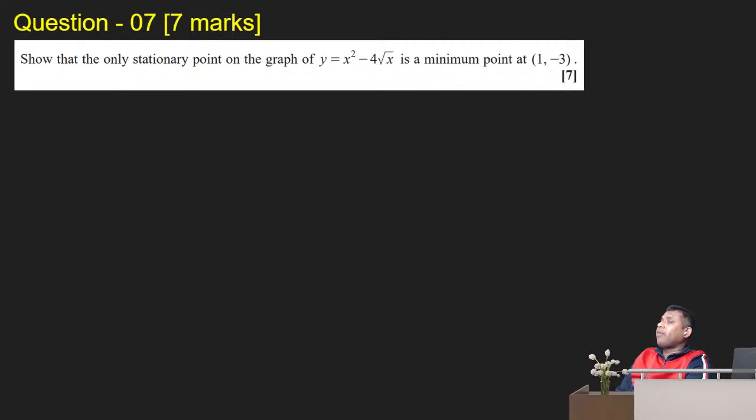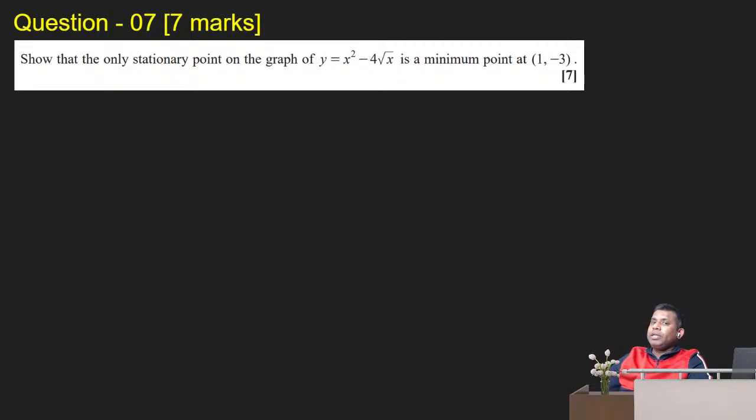The reason they have given 7 marks is maybe lots of steps, or maybe this is one of the questions that comes in the first 3 or 4 questions. In the OCR paper, the first 3 questions are very easy. After that, the questions are a little bit of reasoning type questions, right? So let's do this question.